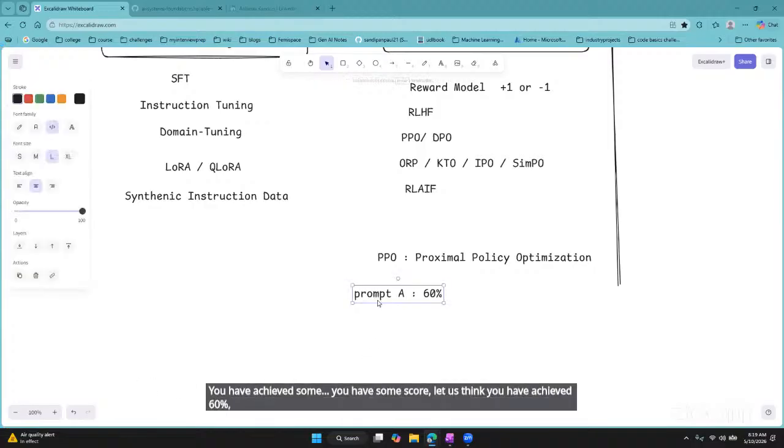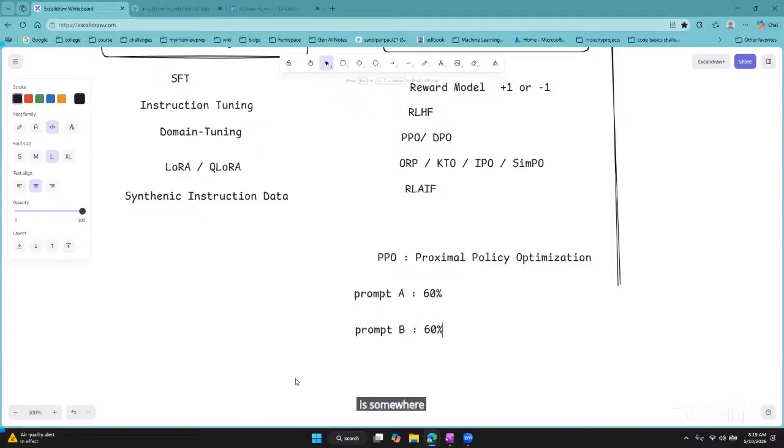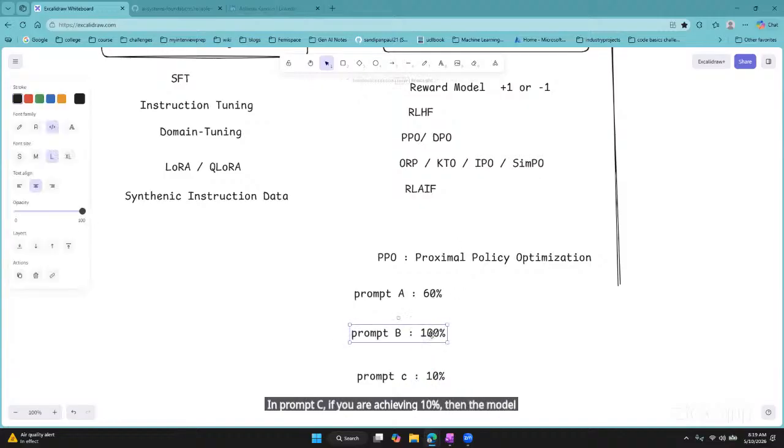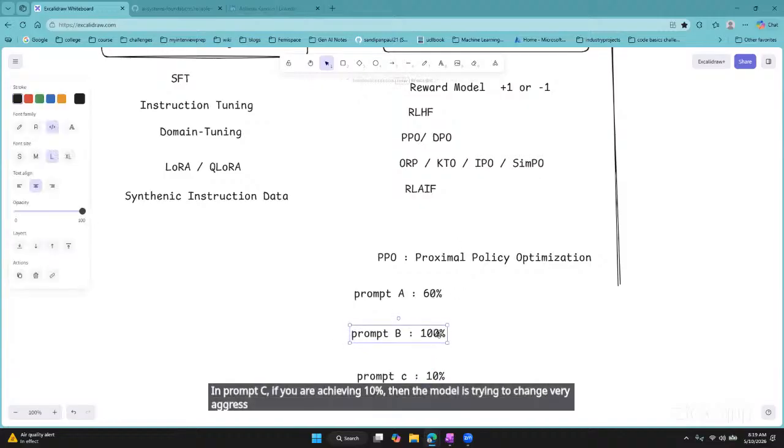And in prompt B, you're achieving 100%. And then in prompt C, if you are achieving 10%, then the model is trying to change very aggressively, around 50 to 40% every time.